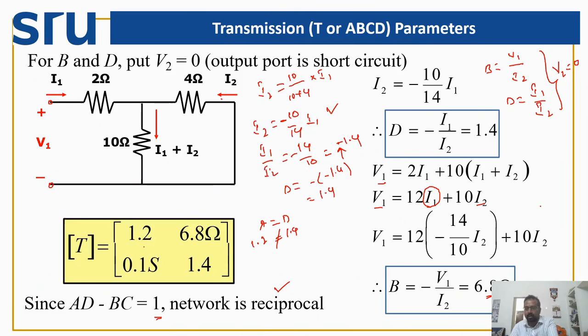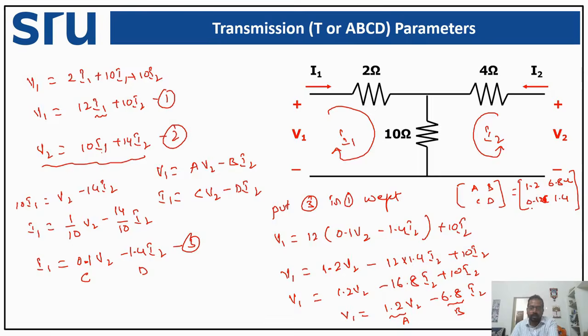If you see the previous one, we got the same answer. So depending upon the problem, we can use different methods to solve the same numerical and get the same parameters. Whenever we have a T network, we should prefer to obtain the z parameters and convert into our required parameters.